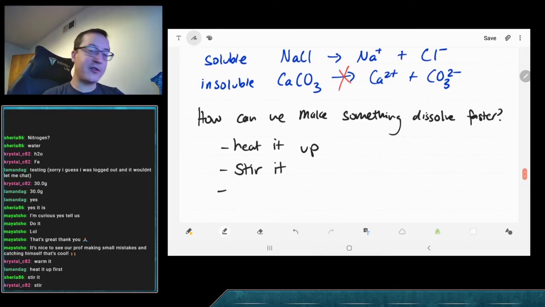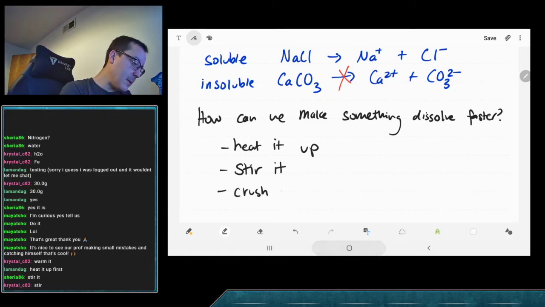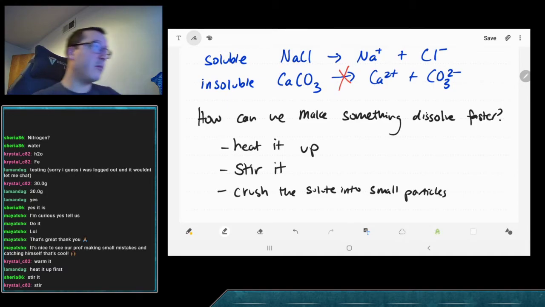And there's actually another one. We could also crush the solute into small particles. So when we are making our iced tea, if we put rock candy in there for whatever reason, that's the only sugar we have, that would just take forever, right? But if we have very finely granulated sugar, that will dissolve faster.